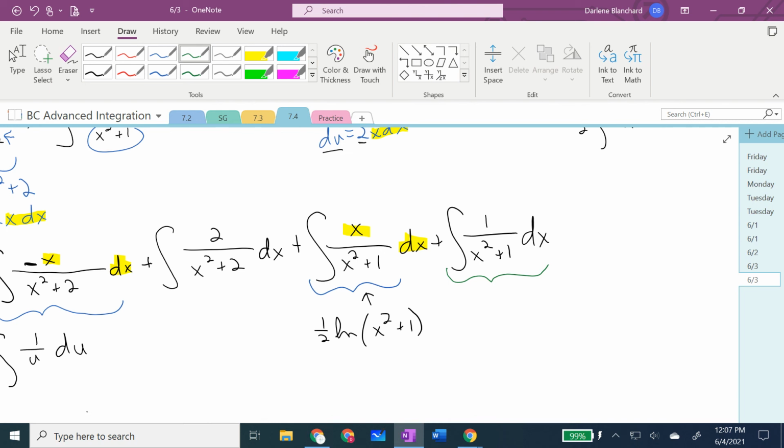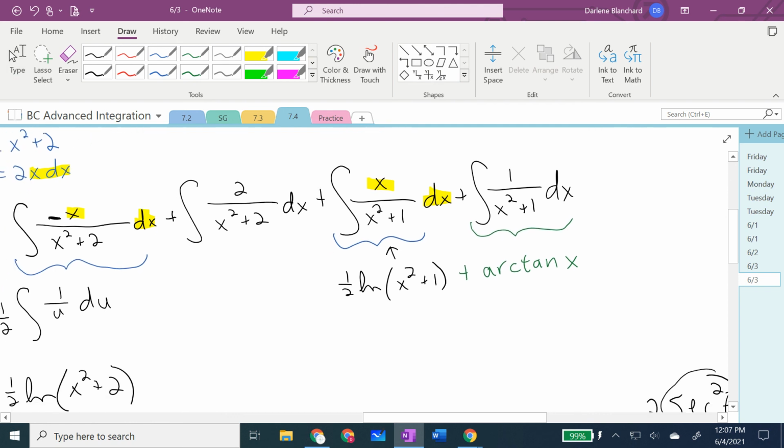What is that integral? There we go. That is arctangent of just plain old x. The only thing I have left now is the second integral.